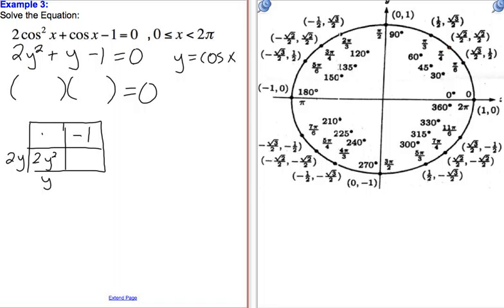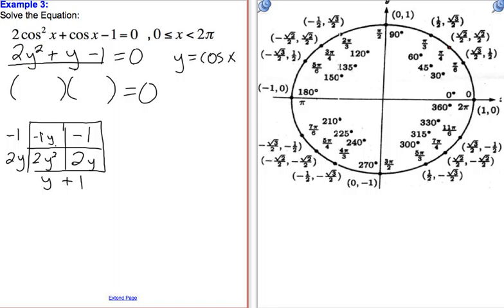The only way to get negative 1 is to have a negative 1 and positive 1. And taking a look up at my number of y's, I know they're going to be in these two corners. And so the only way to get them into these two corners is to have the larger one be positive. So I'm going to make this positive 1 and this negative 1. So negative 1, and then positive 2y, negative 1y. And that's how I get my product.